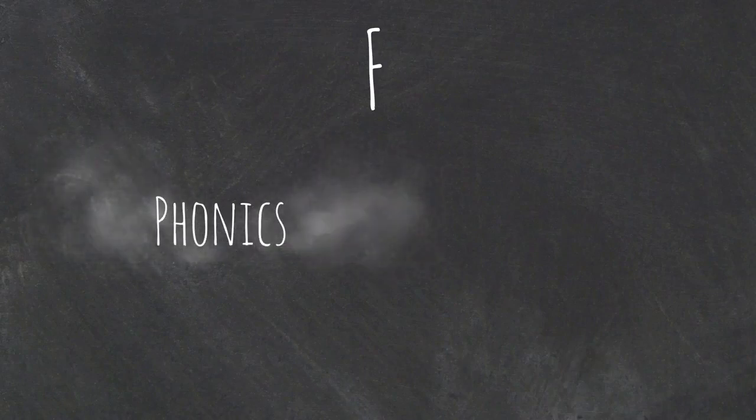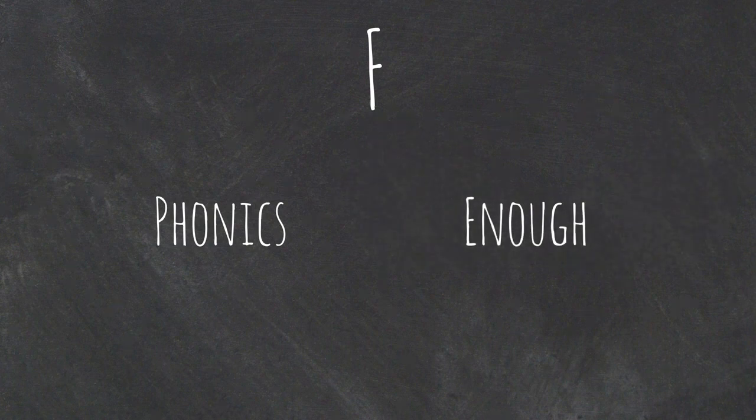One of the larger, trickier things about F is not necessarily the sounds that F itself makes, but the ways in which other digraphs borrow from F's sound. And here's what I mean by that. Let's look at the word phonics as well as the word enough.